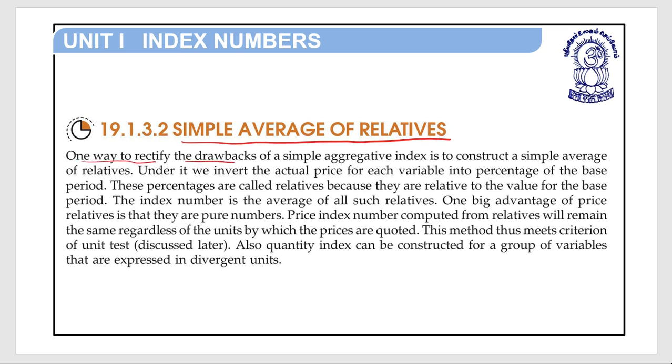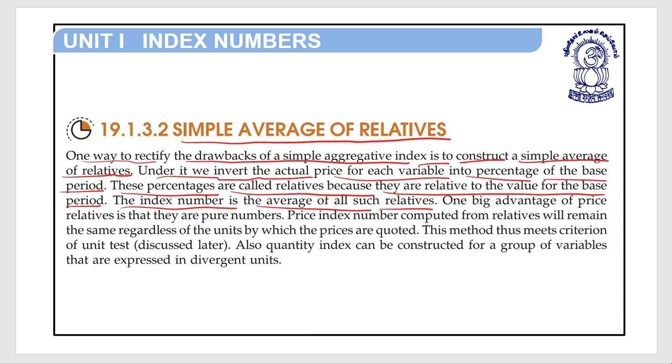One way to rectify the drawbacks of the simple aggregative index is to construct a simple average of relatives. Under it, we convert the actual price for each variable into a percentage of the base period. These percentages are called relatives because they are relative to the value for the base period. The index number is the average of all such relatives.